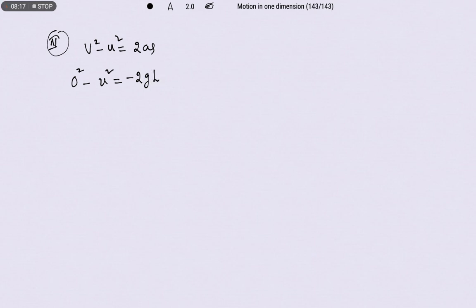So we know that when final velocity becomes 0, then what will be the h value? H is going to be the maximum height. So I am replacing that small h with the capital H, which represents the maximum height. Right. So minus u square. So negative sign cancels on both sides. Therefore u square equals 2gH.